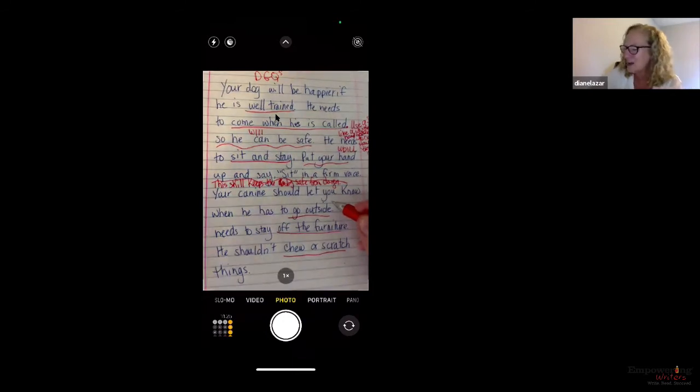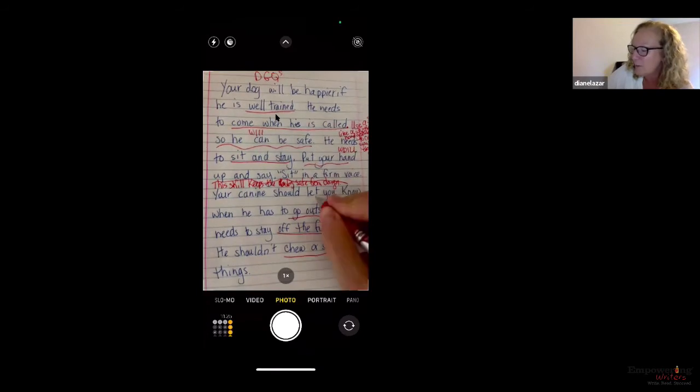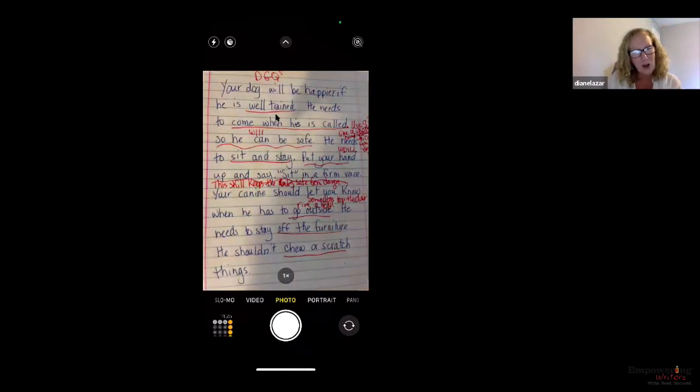So your canine should let you know when he has to go outside. Some dogs tap the door or ring a bell. And of course, why is it important that your dog lets you know that he or she has to go outside? So they don't mess in the house, right?